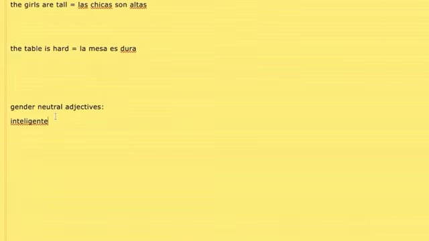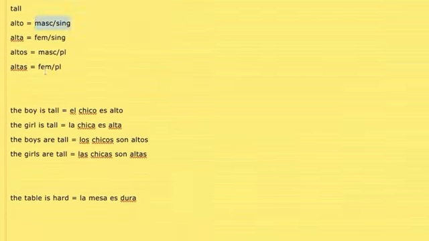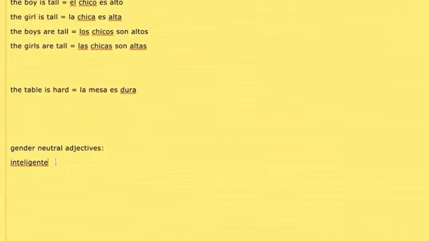So, for example, if we took the word inteligente, you can see that it ends in an E, and this is known as gender-neutral. So typically with gender-neutral adjectives, they're things that don't end in that O at its masculine singular form. So it'll be adjectives that end in stuff like E, or for example, if we were to look at my, which is also known as an adjective, me, this would be gender-neutral.